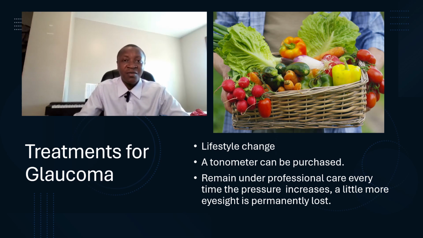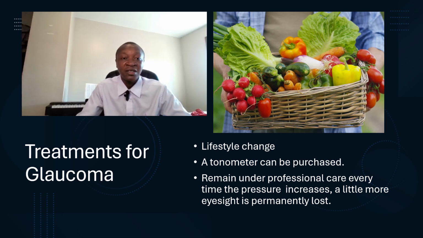So the very important thing that I've seen in all these things, especially about glaucoma, is you need to keep your body younger than your age in most cases. So you need to eat a lot of greens, like blueberries and even different kinds of berries, like strawberries. They are very important. And also, you might need to have a tonometer.